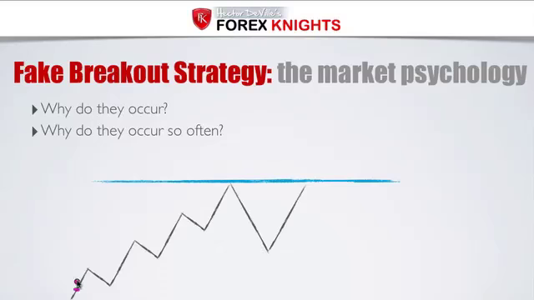Because as long as the trend keeps on pushing, as long as the trend remains in place, the investors' greed to make more and more money is what spurs them into continuing to place orders and positions within that trend, because they believe that the trend is going to keep on pushing, and therefore they are looking to make more and more money out of that trend. So trending situation equals greed as the predominant market sentiment.